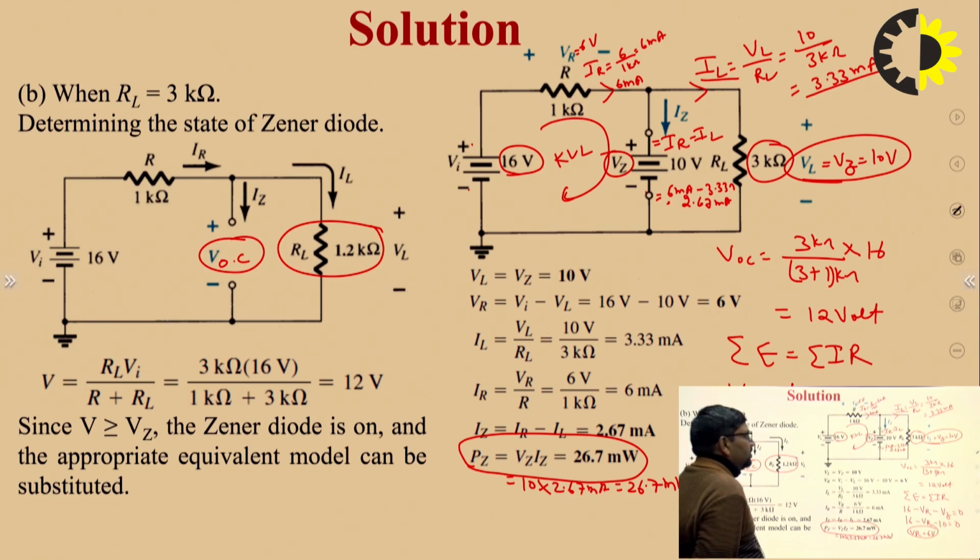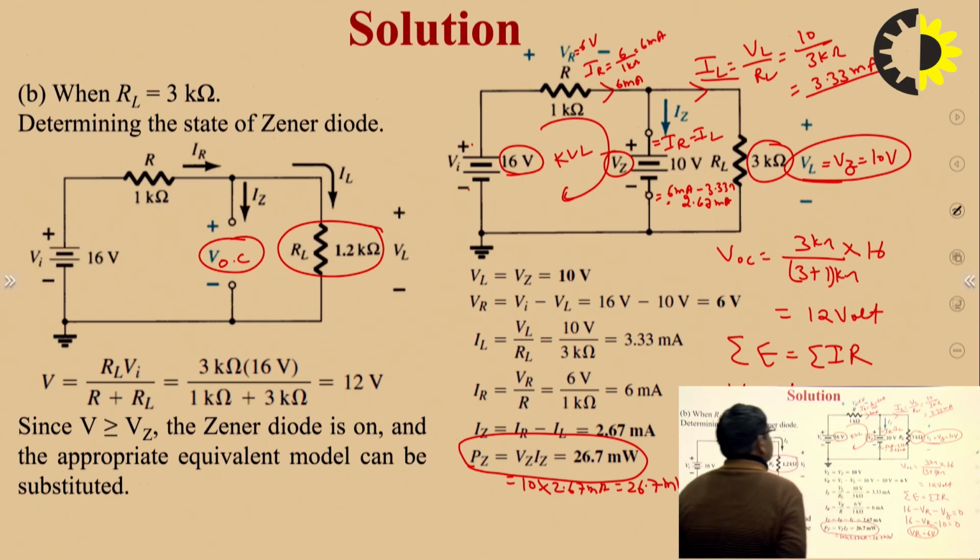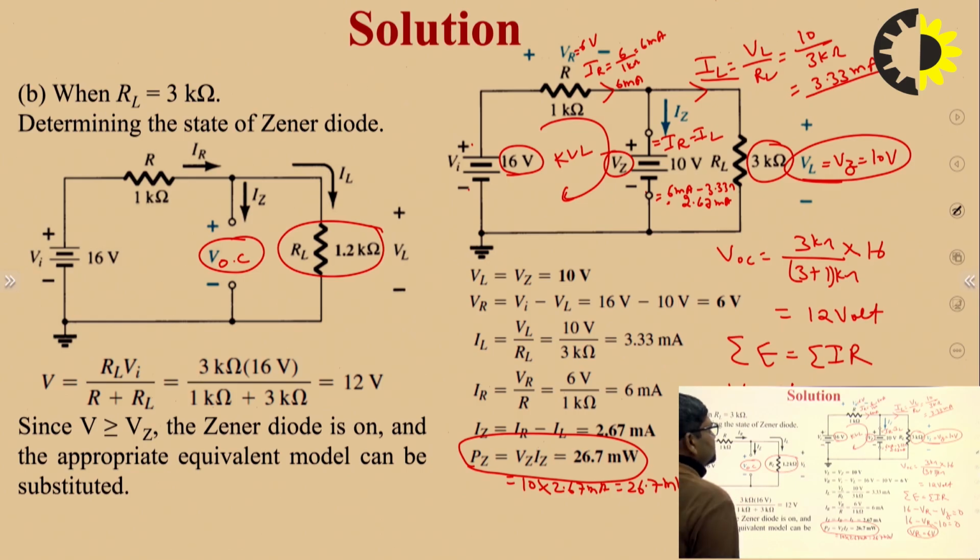We calculate it by VL upon RL, and the voltage across the R is fixed by the KVL: 16 minus 10, which is 6 volt, and the input current IR is calculated by 6 upon 1 kilo ohm, which is 6 milliampere.